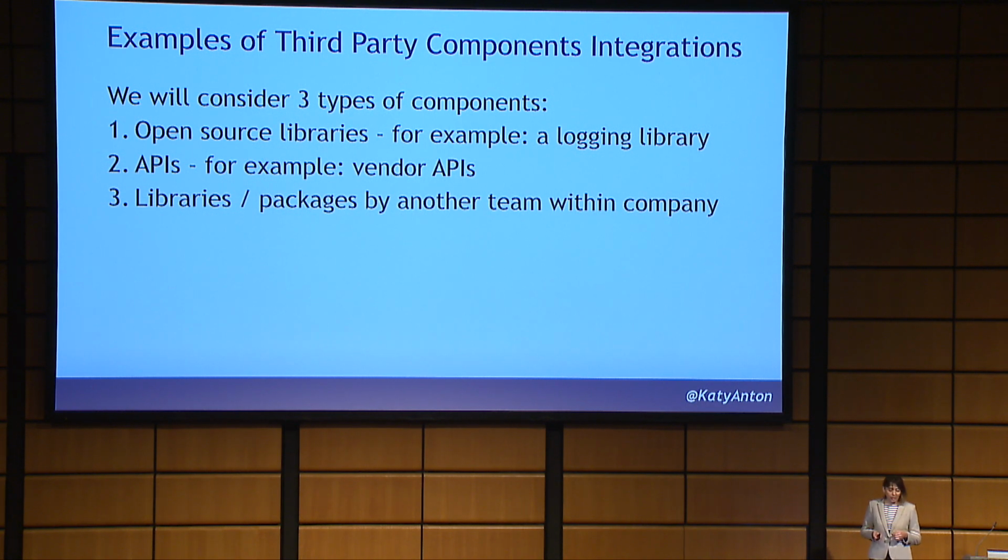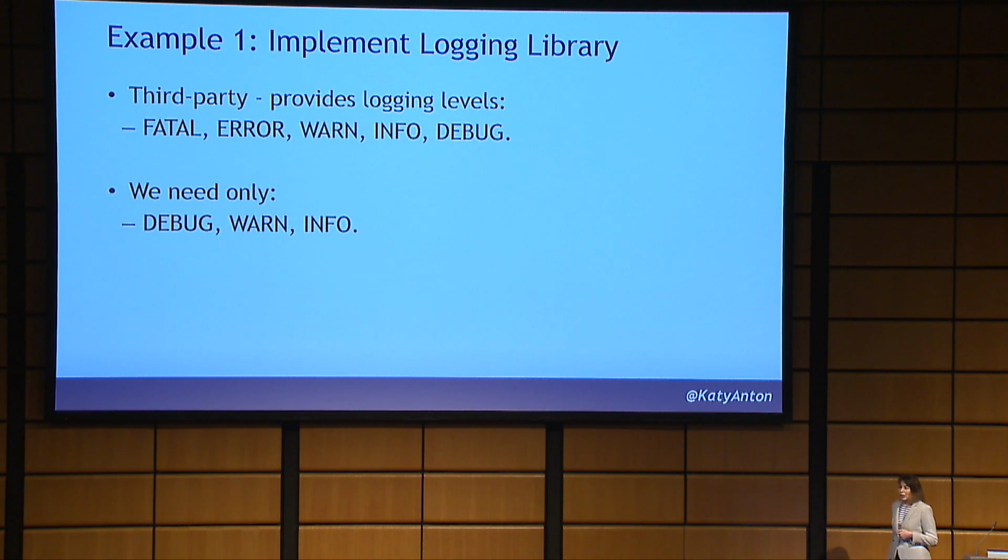So I'll start with the first example, which is implementing a login library. This is a simple example, and probably most common to many of you. In this case, when you bring in a ready-made library, you'll end up with a wealth of functionality. For example, in the case of a login library, you'll have multiple logging levels.